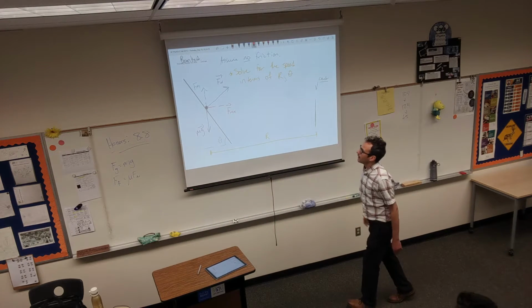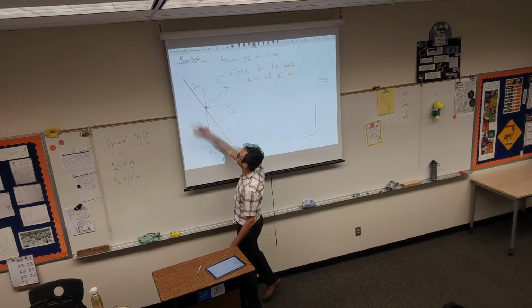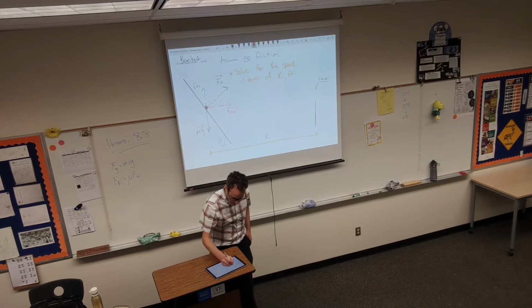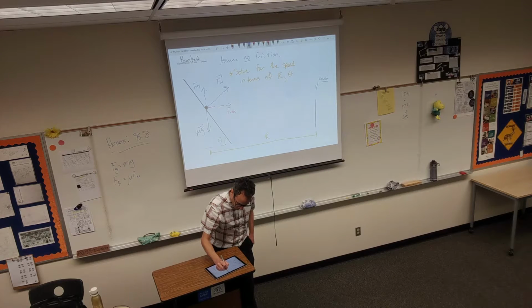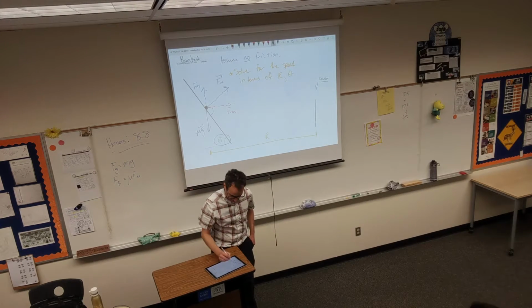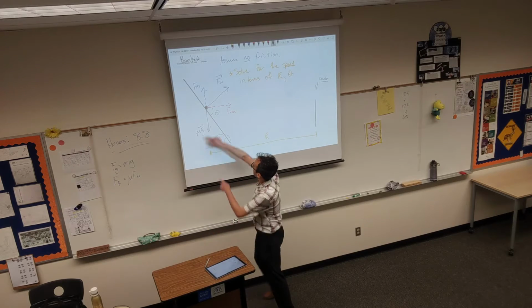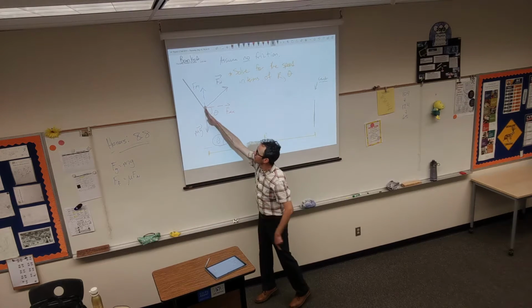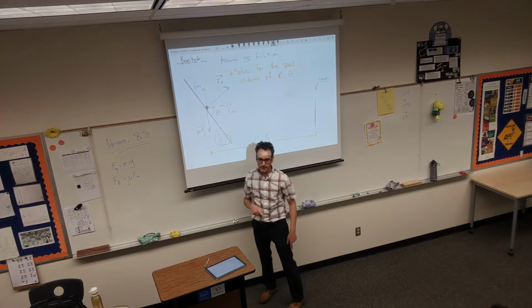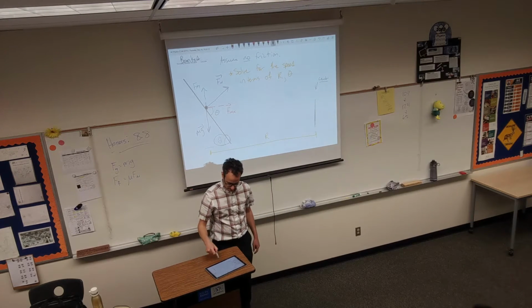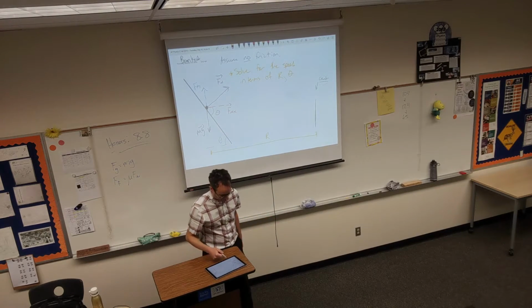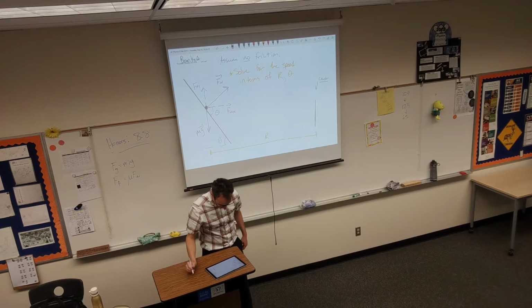Now the question is, how do I get theta in here? Well, if I know theta is this, what's this then? Theta, right? Because I got parallel lines, so that's got to equal that. What is that, alternate interior angle? Sounds like a legit one.